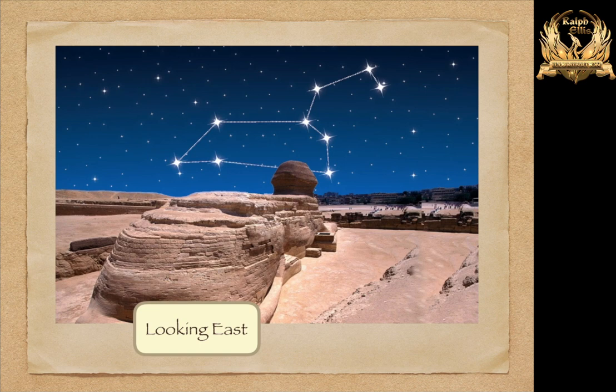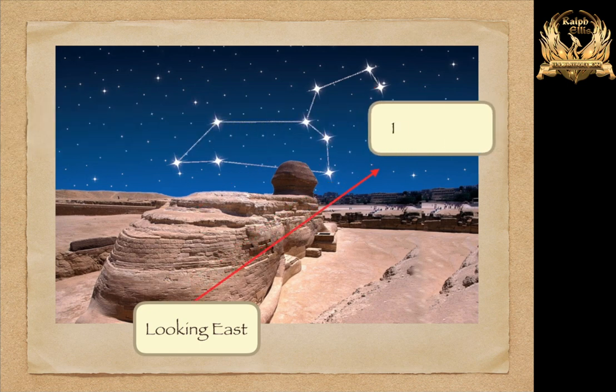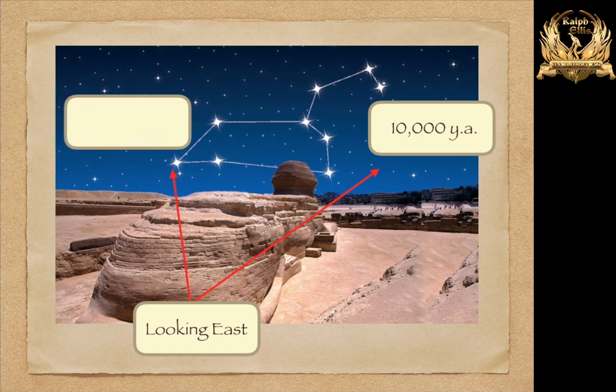And we get that date you've probably heard about, 10,500 BC, or about 12,500 years ago. But of course, it's not exactly that, because Leo is quite a big constellation, and so we get an exit from Leo of about 10,000 years ago, and an entrance to Leo of about 12,500 years ago.